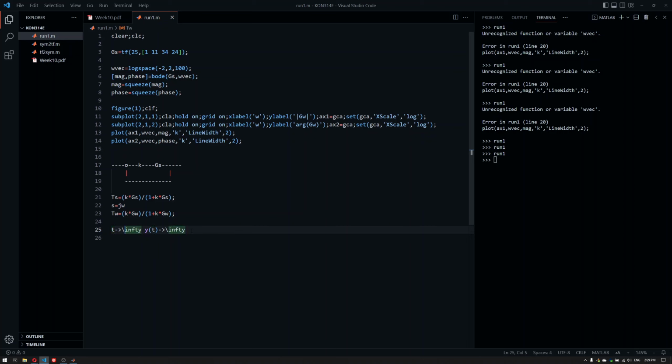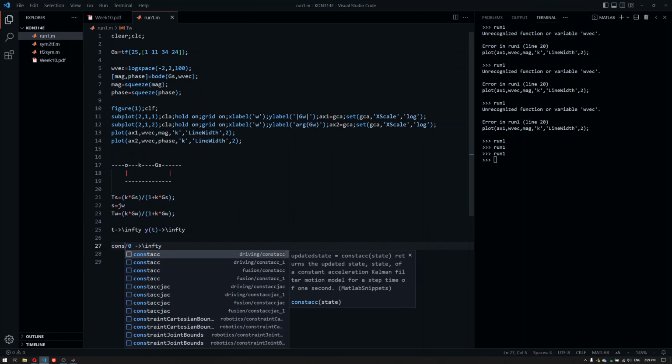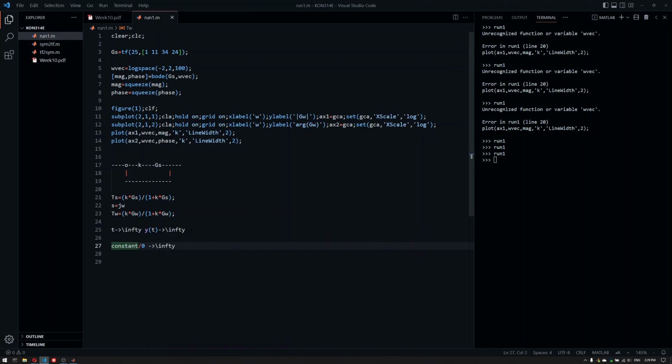So if t tends to infinity and the output should tend to infinity, and if we look at this here, we basically have a fraction, nothing else. When we have a fraction, the only possibility that comes to my mind is a division by 0. If that's the case, then this would be something that we're interested in for the stability here. Even though we have something constant here, we should have a division by 0.